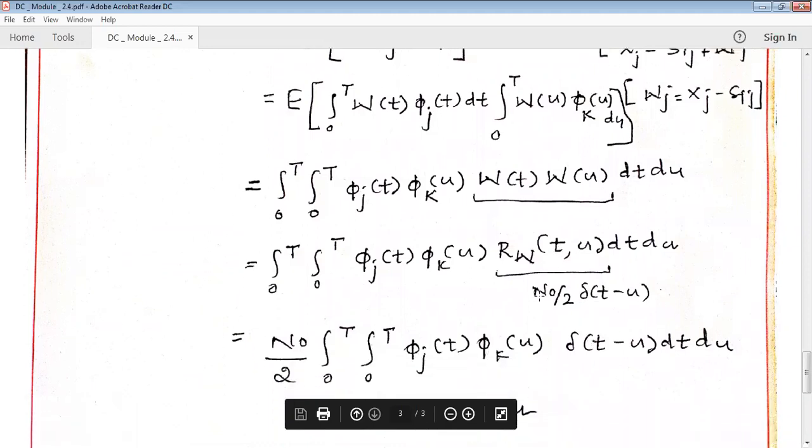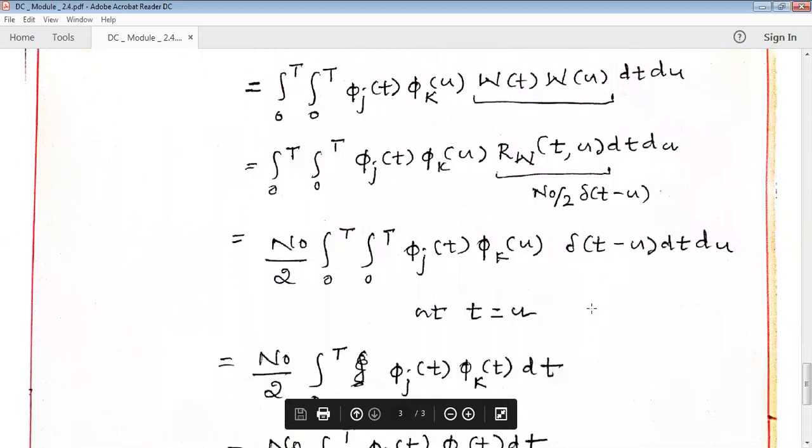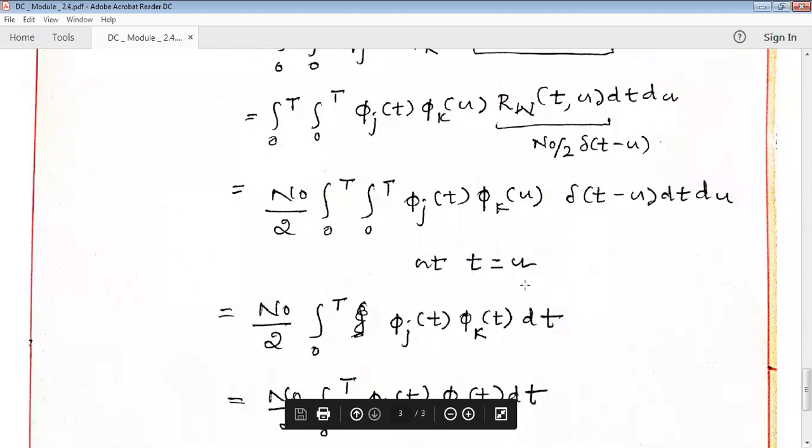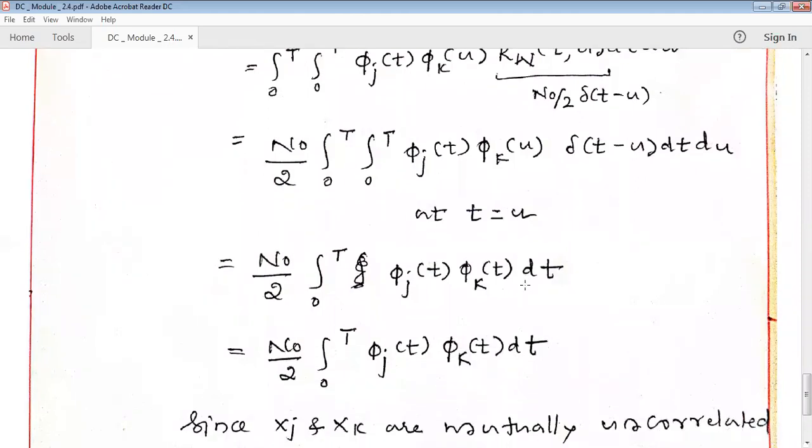And this we will substitute in this equation. So you will get N naught by 2, since it is a constant, taken outside the integration, and inside the integration we have two different basis functions multiplied by a delta function at t minus u. And when you consider again t is equal to u, the delta of t minus u becomes 1.